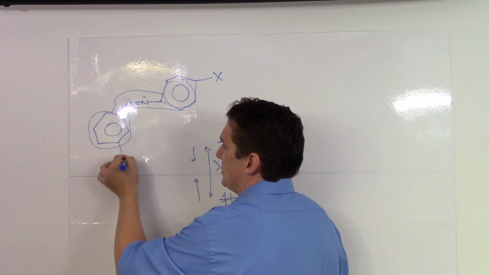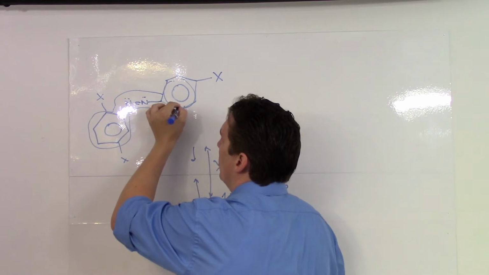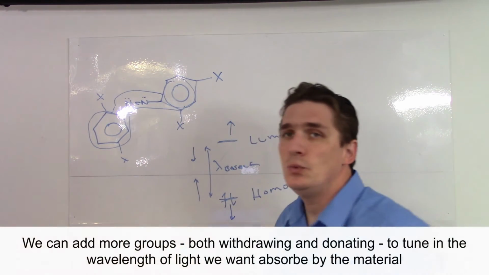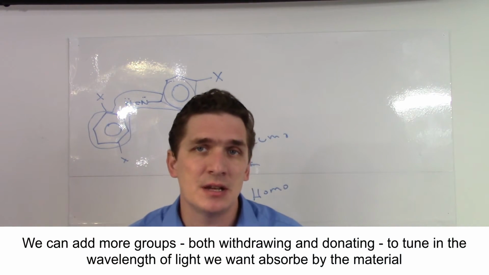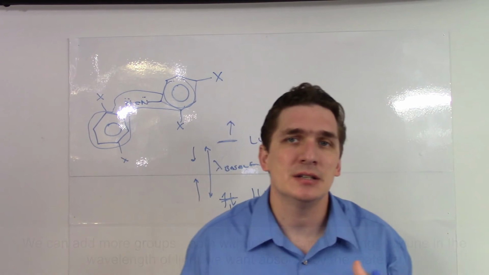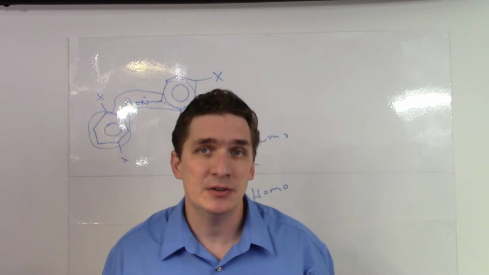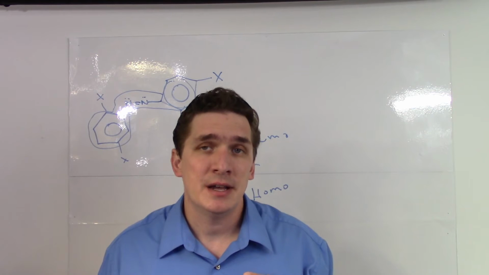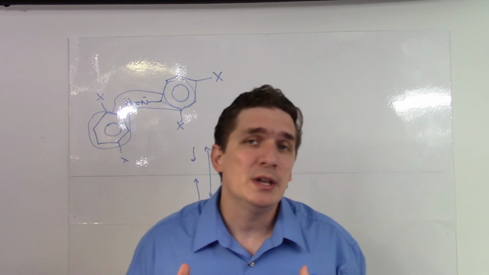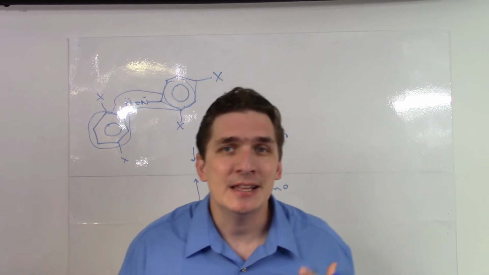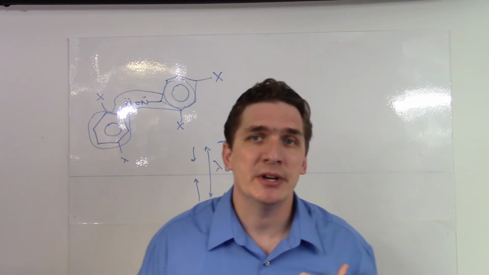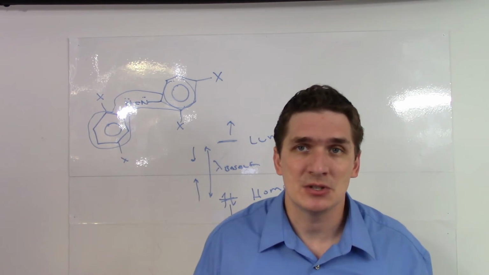But we can definitely start throwing in more and more groups. And we can start dialing it in, because something like fluorine is not necessarily as good at electron withdrawing as something like a nitro group or an SO3 group. So we can start dialing in the energy of these HOMO-LUMO gaps by changing the substitutions.